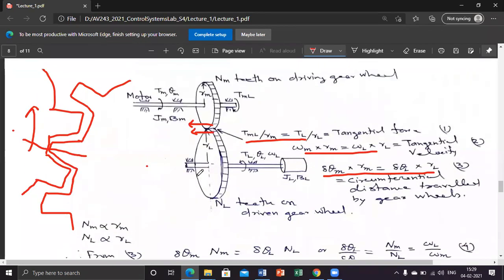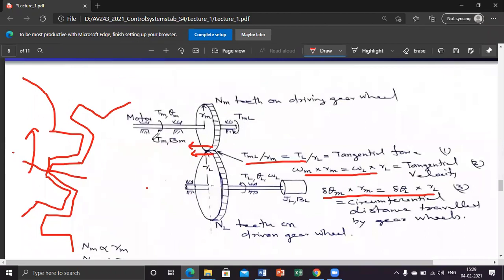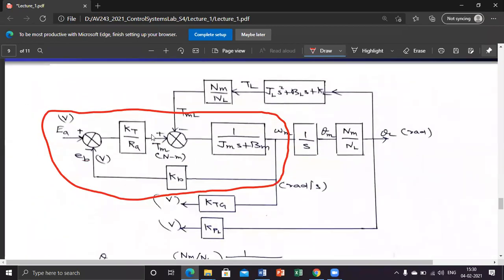You remember this particular figure. This is the motor. This TML expression we now have. Once we subtract TML from TM, the remaining torque, TM minus TML, is used to accelerate the internal dynamics of the motor. That is what is done here. TM minus TML is applied across the internal dynamics of the motor to get omega m.